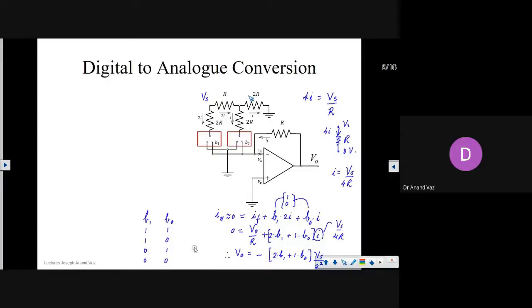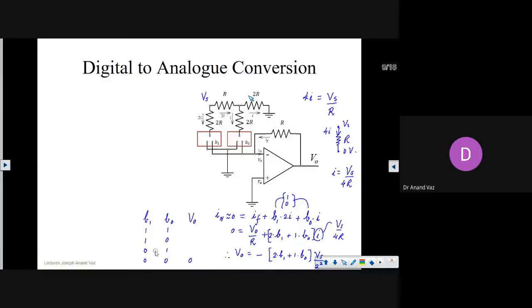When both B1 and B0 are 0, what will be your output? Output will be minus 0. Okay, so this will be 0.